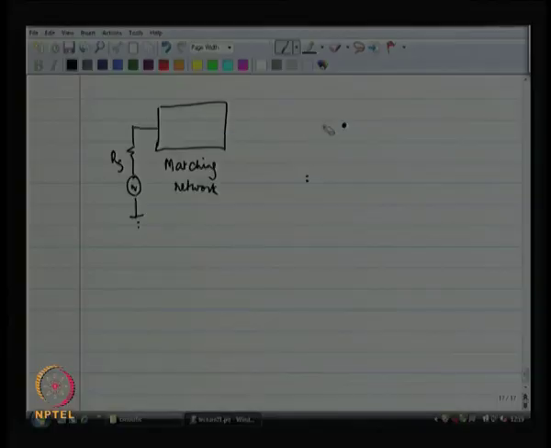Next possibility is, why are you thinking that the input is only going to be connected to the gate? What about my beautiful shunt series amplifier? Okay.